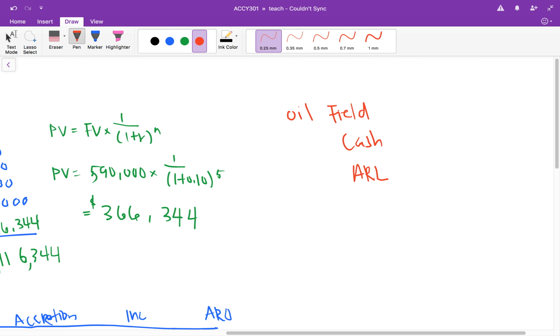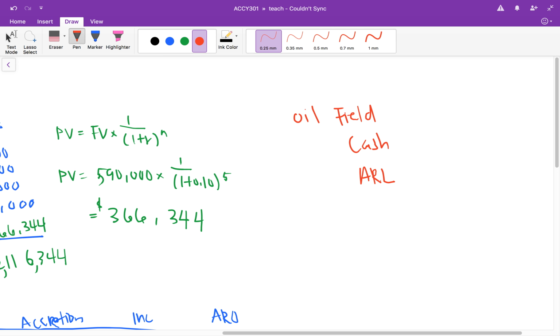So the amount that we found for ARL was 366,344.